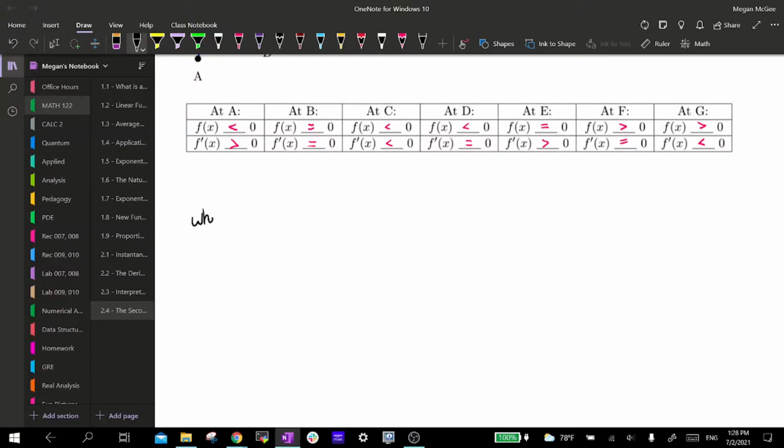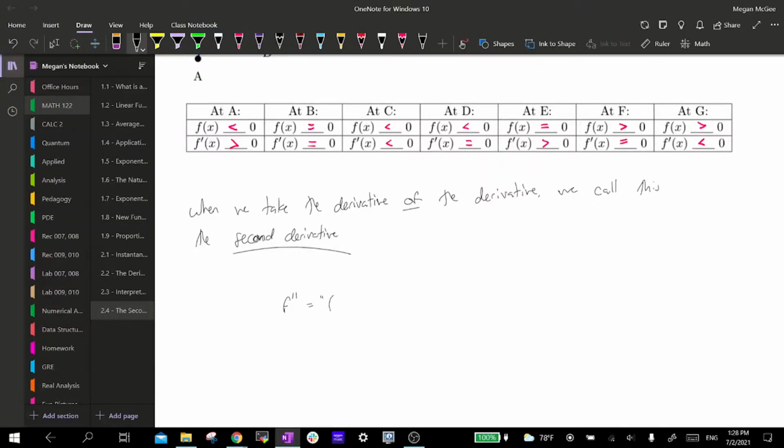So when we take the derivative of the derivative, we call this the second derivative. Alright, the second derivative. So we write this as f double prime. So this is f double prime.